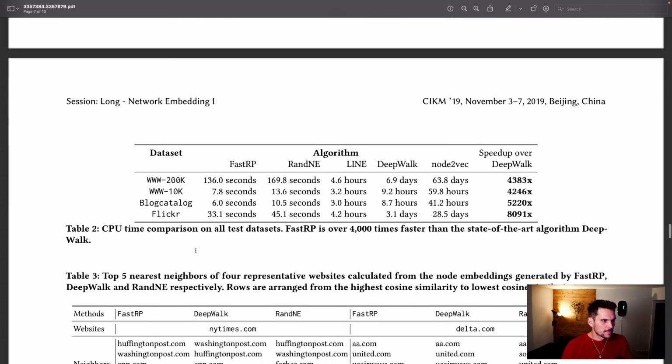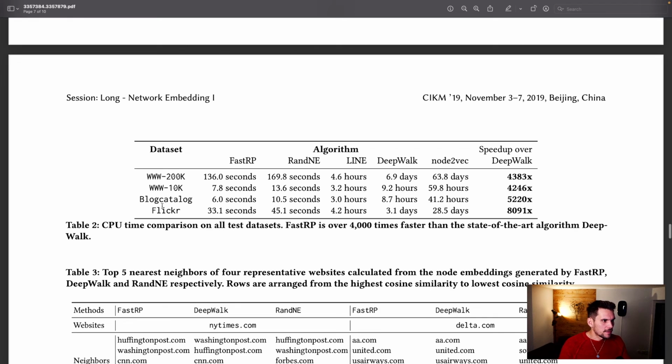And here we can see from that table that on these data sets, the FastRP has a speed up of over 4,300 over DeepWalk, and on that data set it has a speed up of 8,000 times over DeepWalk. So the FastRP here only runs 33 seconds, while the DeepWalk takes 3.1 days.